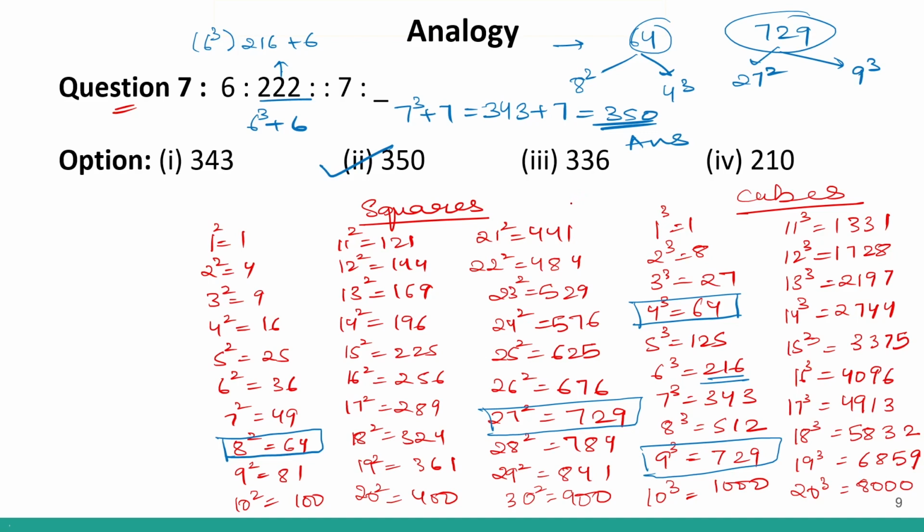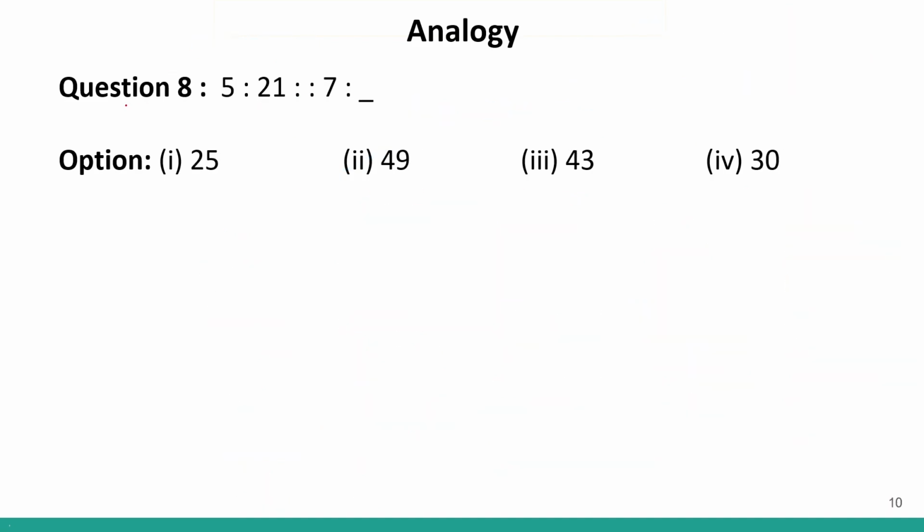Clear? Okay. Question number 8. We have 5, 21, 7 and we have to find the missing element. So we will find the relationship in the first pair and then we will use the same relationship in the second pair. Correct? Now, if I look at 21, can I write 21 as 5 raised to the power 2 minus 4? Because this is 25 minus 4. Correct?